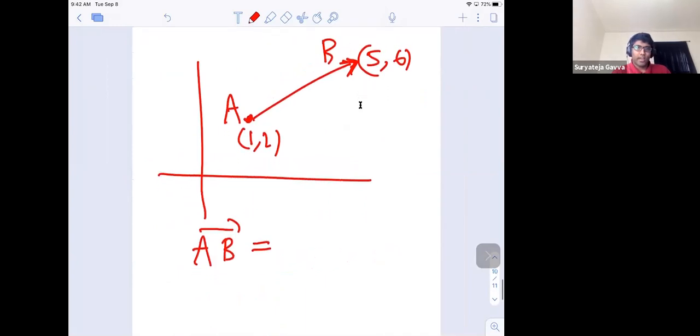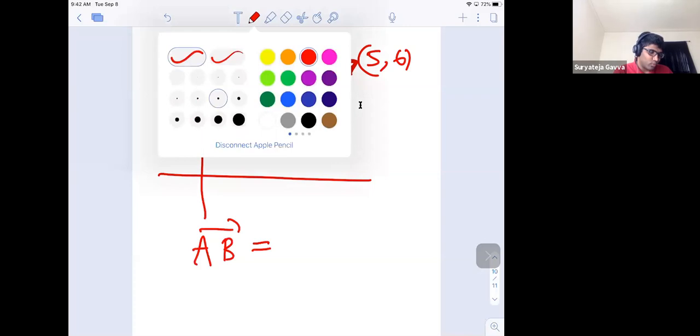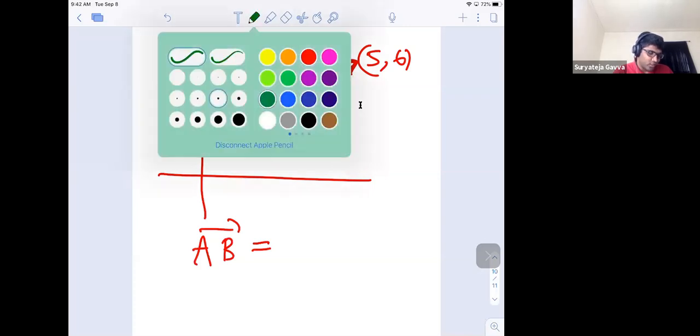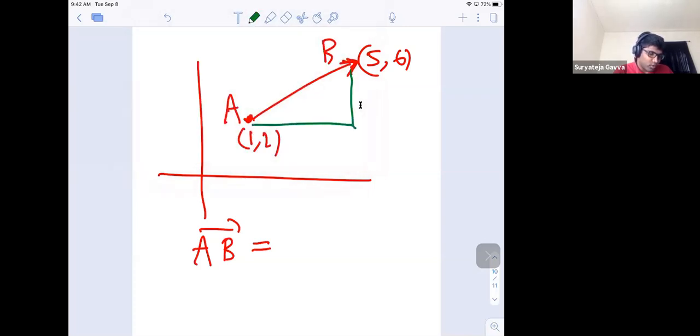Why is it 4 and 4? There are different ways to do it. This is 4, this is 4. So that's why this is <4, 4>.